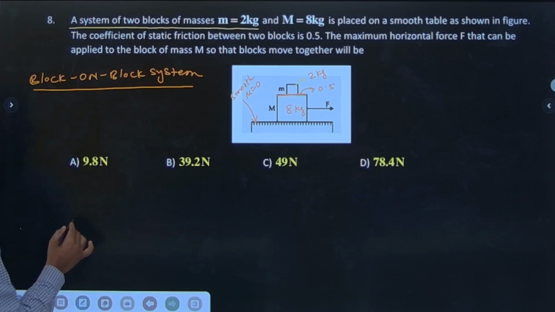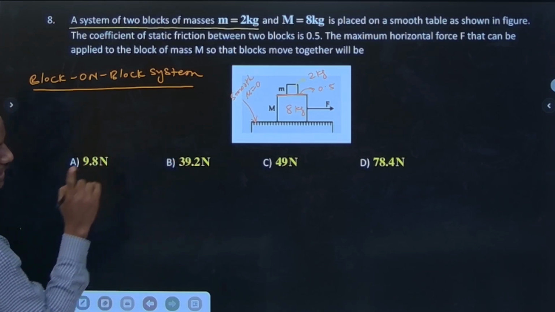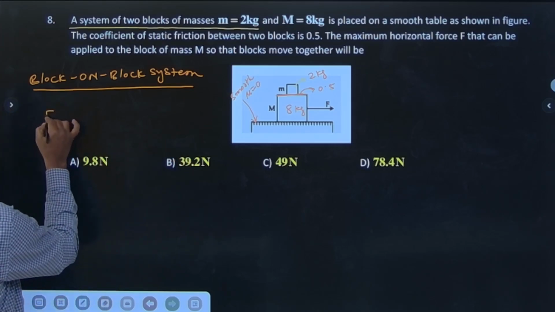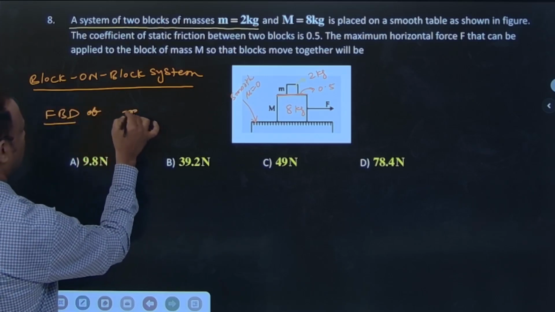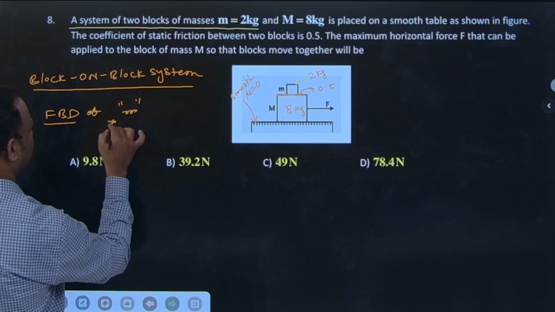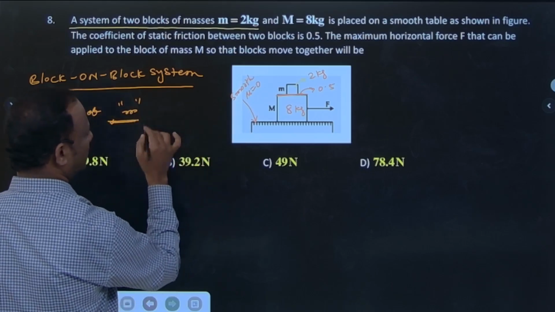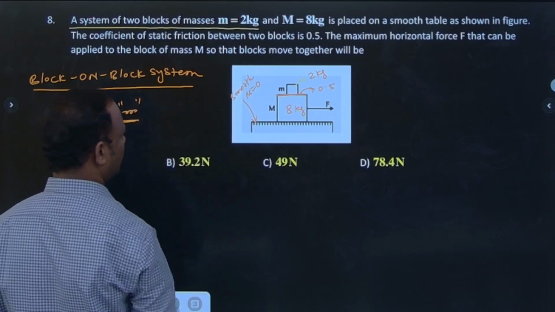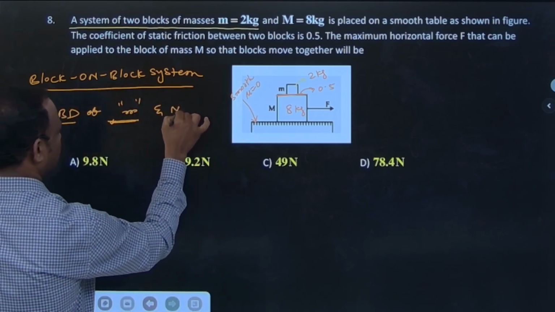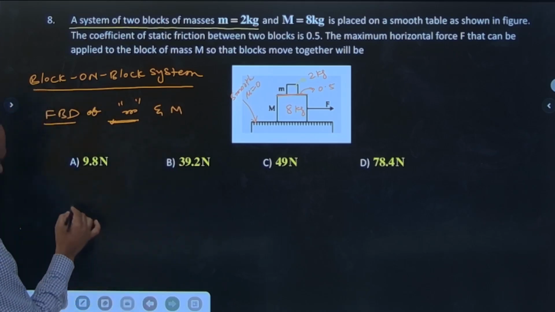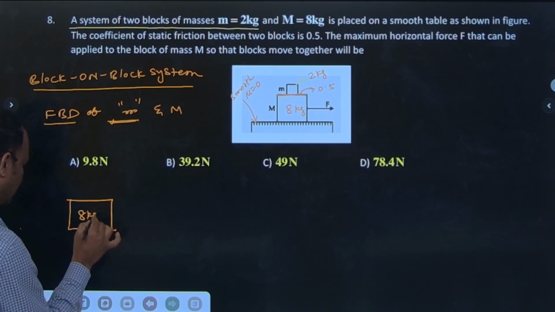First, I'm drawing the free body diagrams. FBD of small m, and next, FBD of capital M. First, I'm talking about the block of mass 8 kg.